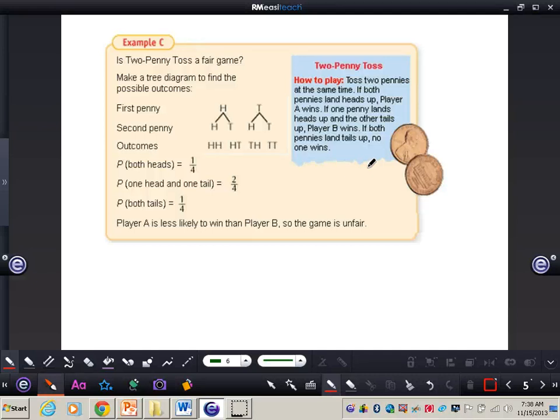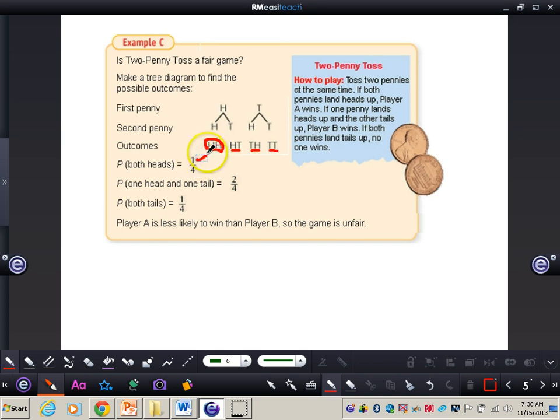So first of all, we need to figure out some of the possible outcomes. We can make a tree diagram that we have right here. The possible outcomes, there are actually 4: heads heads, heads tails, tails heads, tails tails. So the probability of both landing on heads, you can see heads heads, is 1 out of 4.